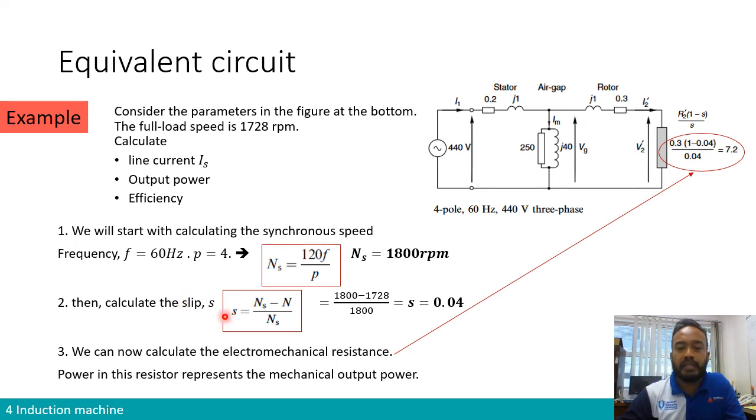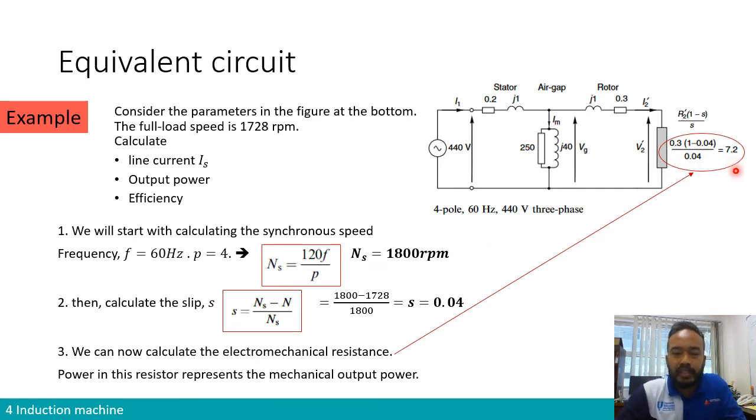Slip is the synchronous speed minus the rotor speed, divided by the synchronous speed. So (1800 minus 1728) divided by 1800. Therefore, we get 0.04, which is what was entered over here, knowing that the full load speed is 1728 RPM compared to the synchronous speed of 1800 RPM.